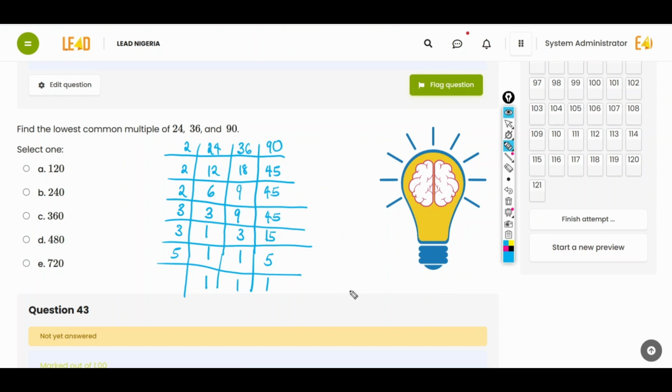So the LCM is 2 times 2 times 2 times 3 times 3 times 5. Multiplying that out from the back, 15, 45, 90, 180, and then 360. So the answer is 360, option C.